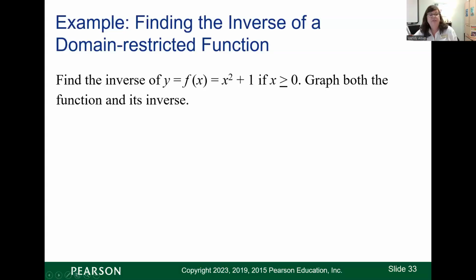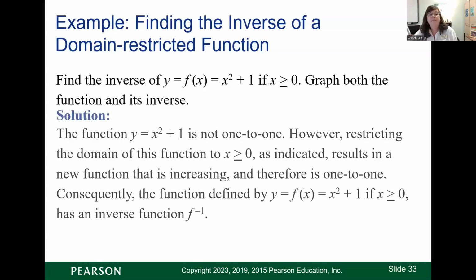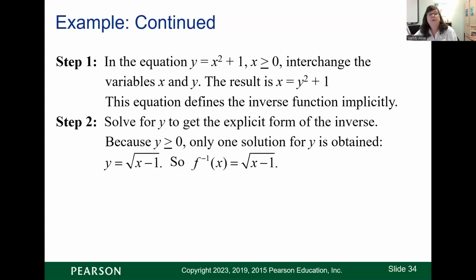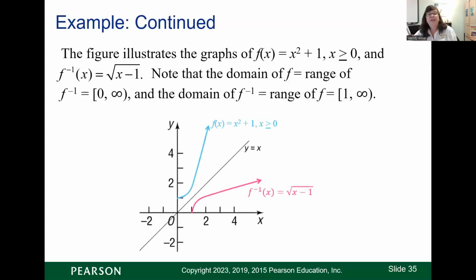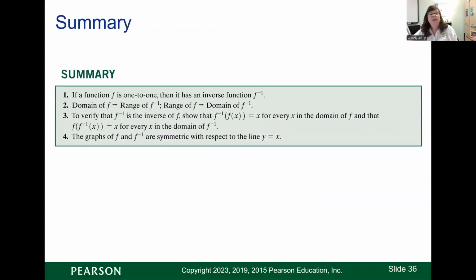That'll be your inverse then. Because we restricted the domain of the original to the positives, our inverse is still a function.